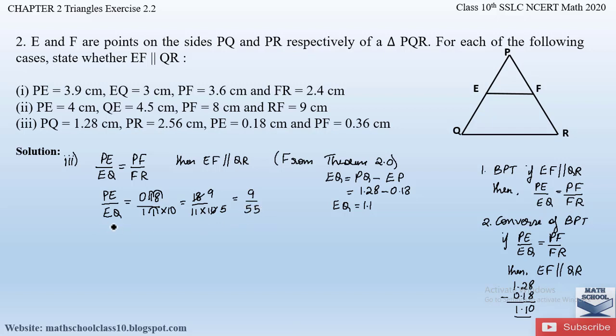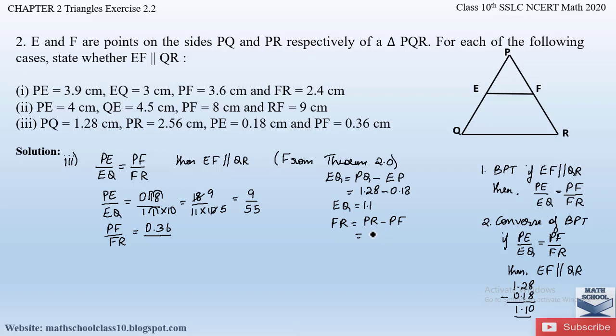Similarly, let us find out PF and FR value. So what is PF? PF given here is 0.36 and FR value is not given again. Instead, they have given us PR and PF value. So let us find out FR value, like how we found out EQ value. So FR is equal to PR minus PF.